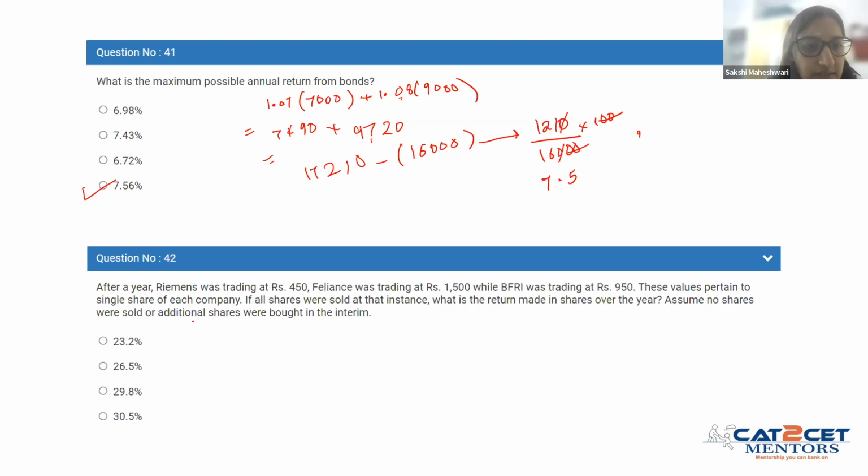Okay. So this is after a year, Remans was trading at rupees 450 and Reliance was trading at rupees 1500 while BFRI was trading at rupees 950. These values pertain to a single share, so we have to find the return made in shares over the year. Now, see.